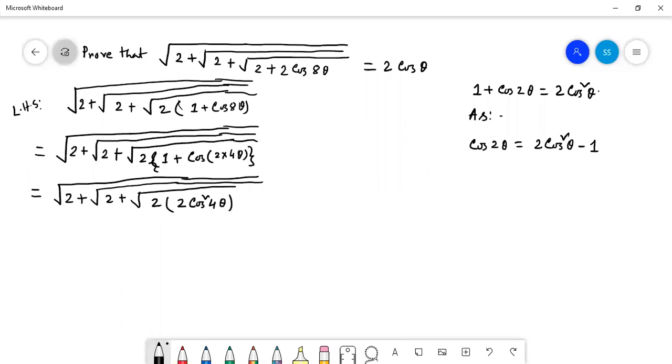Can you write this as 1 plus cos 2 theta is equal to 2 cos square theta? Isn't it? Yes, sir. We can write this.